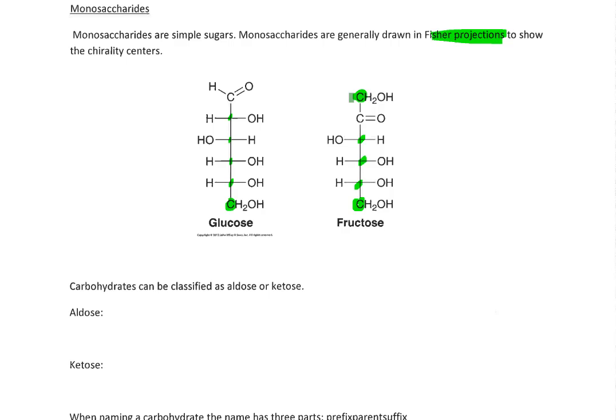So generally, our carbohydrates are classified in two forms, aldose and ketose. So when we start looking at the difference, aldose should sound like aldehyde, right? And ketose should sound like ketone. So let's look at glucose. Do you see how in the glucose structure, there's an aldehyde? So glucose is classified as an aldose because it contains an aldehyde.